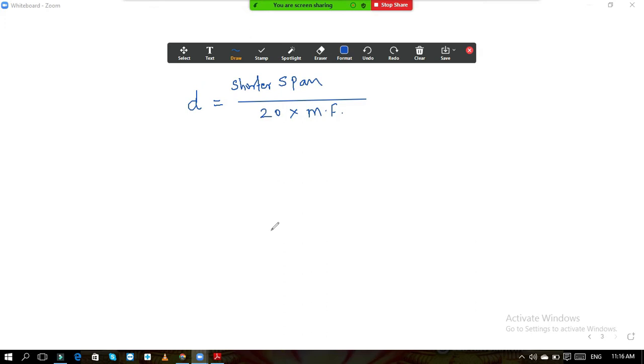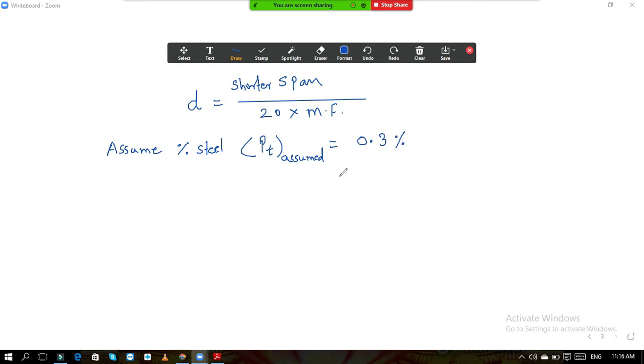Okay, so assume the percentage of steel. This notation is PT assume. What do we normally assume? We assume 0.3%. Okay, 0.2 to 0.4 is the range. You can take the average of that, and 0.3% we will assume as always.